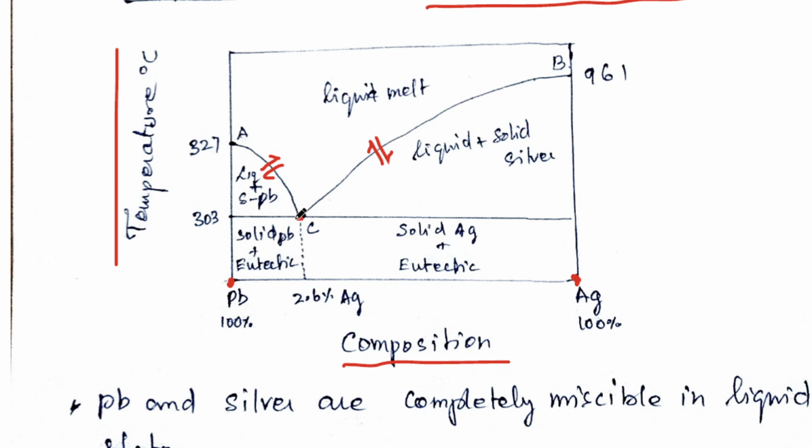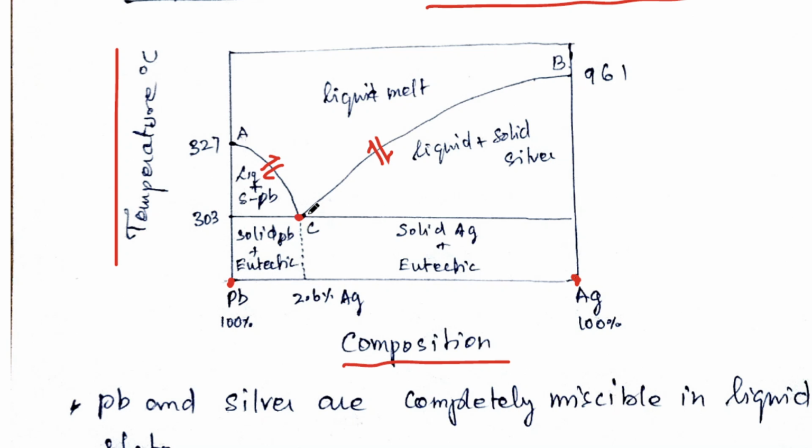What about the point C? At the point C, the liquid melt, solid silver and solid lead, all three phases will be in equilibrium. That is how you have to understand it.